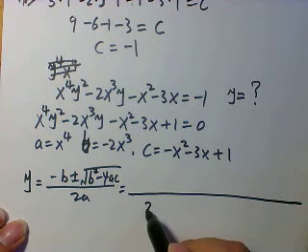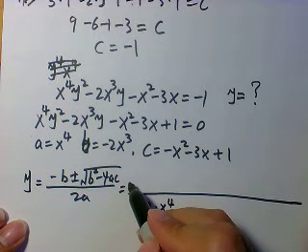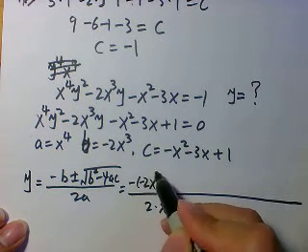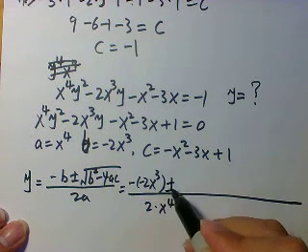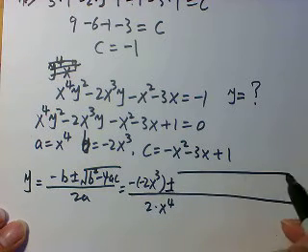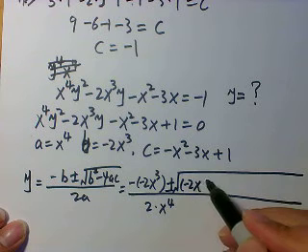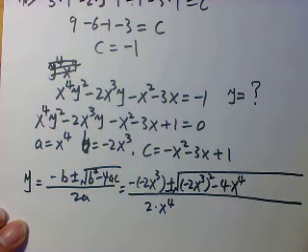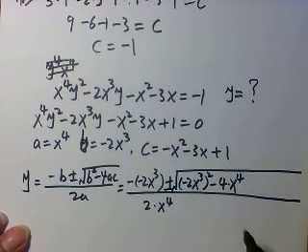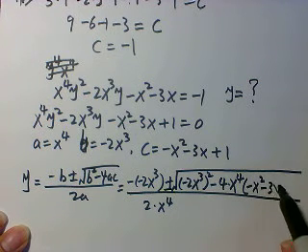For a it's x to the power 4, and b is negative 2x cubed, plus or minus the square root of b squared, which is negative 2x cubed squared, minus 4ac, and c is negative x squared minus 3x plus 1.